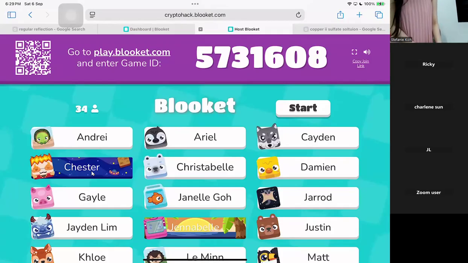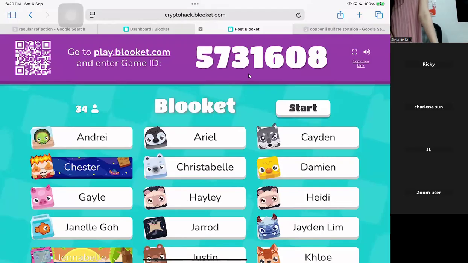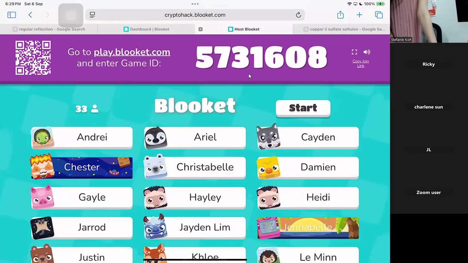My favorite character is the fox looking one. Let me see if anyone has it. Not here. It's the snow fox looking one. Okay, is everyone in yet? Wait, let me see the chat.